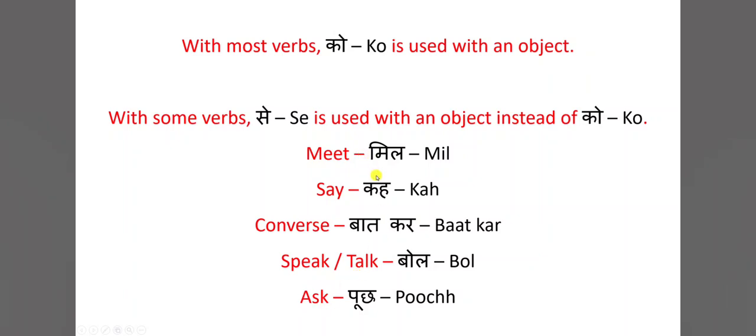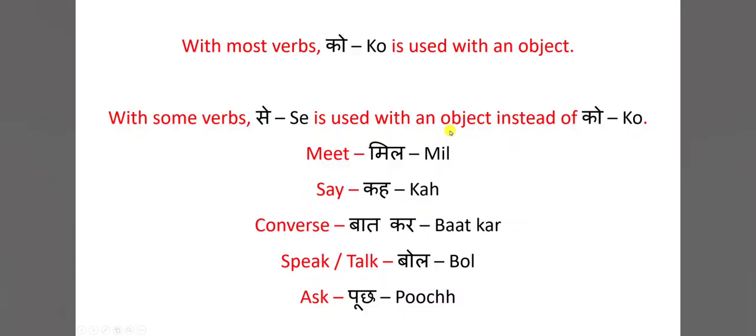So when we have these verbs in a sentence, we add say to the object instead of ko. You know what say is, right? Say is with. Say has multiple meanings, but when we use say with an object along with these verbs, it generally means with.